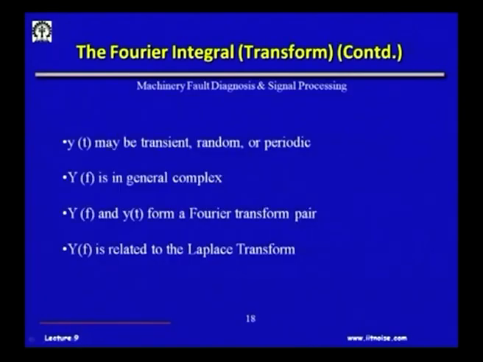In the Fourier transform or integral, this y(t) could be anything: may be transient, could be random, could be periodic. And the Fourier transform is a complex quantity. And then we always have a Fourier transform pair, wherein the signal can be related from time to frequency or frequency to time.